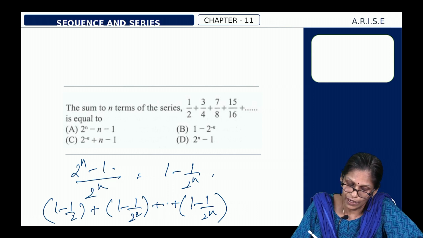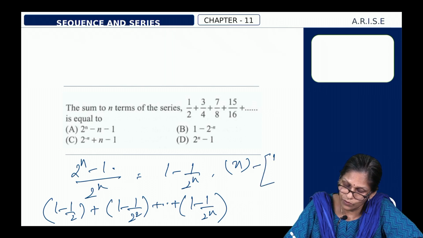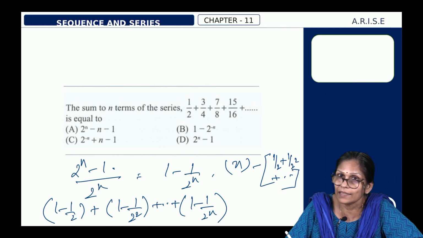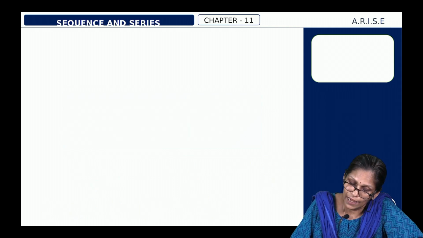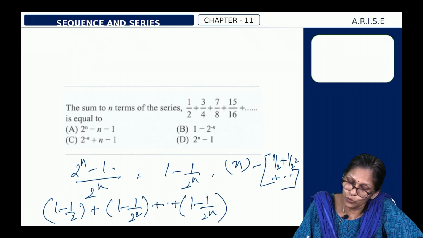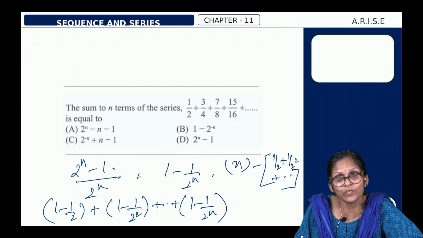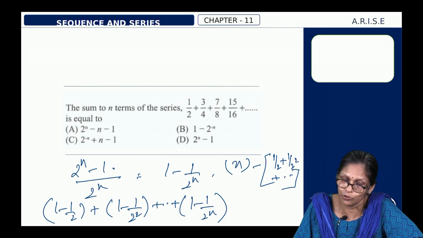What is their sum? These n ones will add up to n. Now, minus, what is it? 1 by 2 plus 1 by 2 squared plus etc. n terms are there in the second brackets. What is that? N minus. In the second brackets, you have a GP with 1 by 2 as a first term and 1 by 2 as a common ratio. So, what is the sum to n terms?